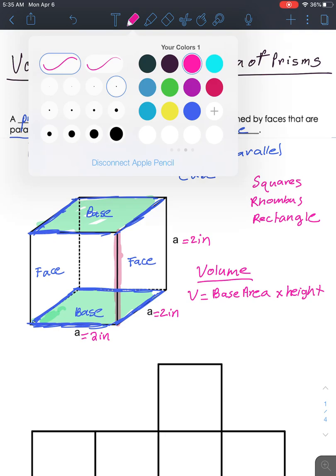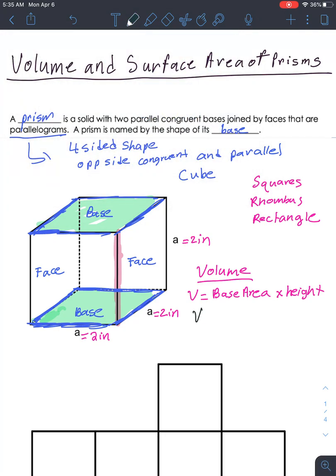To find the volume, let's first find the base area, which is length times width, and then times height. As you can see, volume just equals 2 times 2 times 2, and you get 8 cubic inches.